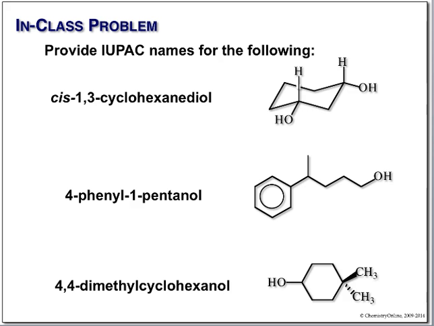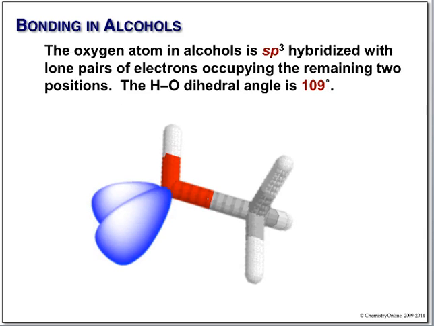All right, well, let's just look at alcohols in general here. We know that the oxygen in an alcohol is actually a tetrahedral atom. We have hydrogen bonded in one sigma bond, we have our carbon bonded in our other, and we have two lone pairs of electrons.